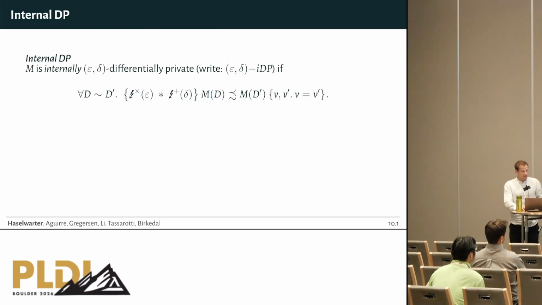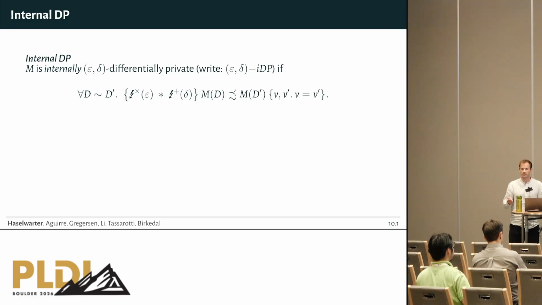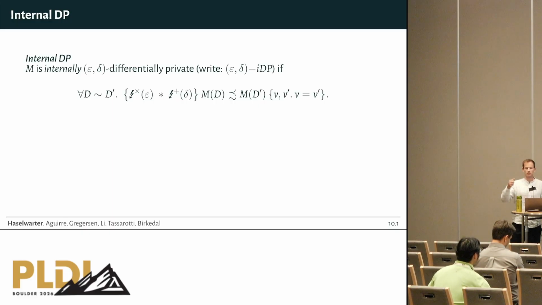Now, with this in hand, we can define an internal notion of differential privacy in the program logic, where we say that the mechanism M is differentially private internally if, under the precondition that we have ownership of epsilon and delta privacy budget, we can show that the results that we return are equal.